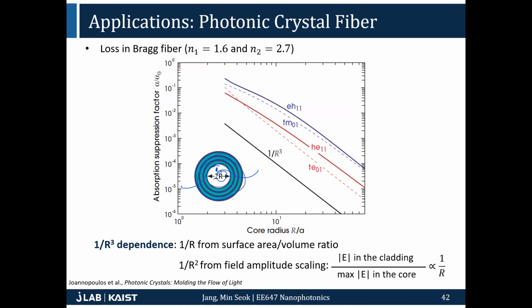So the field amplitude in the core is actually much stronger than the field amplitude in the cladding, and that's also proportional to 1 over R. Okay, so this is field amplitude, so field intensity becomes 1 over R squared. So 1 over R from the surface area to volume ratio, and 1 over R squared from the field amplitude scaling gives you the 1 over R cubed relation. Okay.